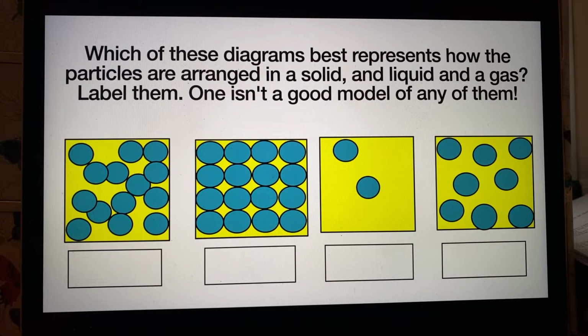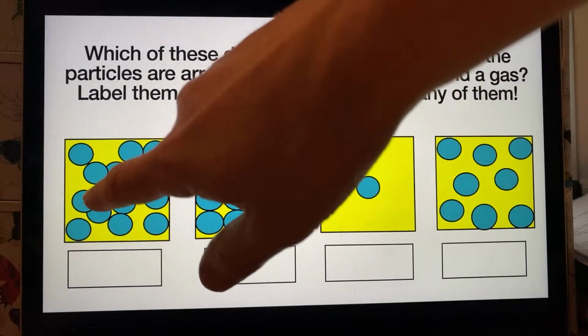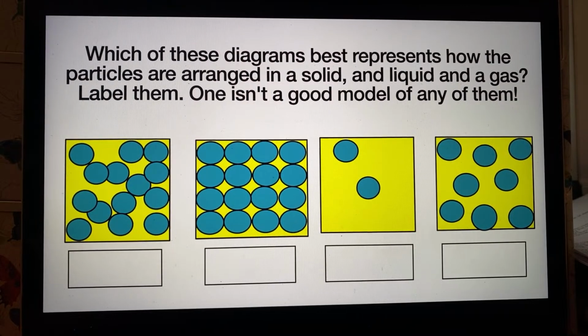We won't spend long on it because if you know, you know, and if you don't know, you would probably want me to just tell you. So you could label them if you like, if you've got the free optional worksheet from my website, or you can just think about it. One of them isn't a good model for any of them. So one of these shows what the particles of a gas look like, the air around you. One of them is a reasonable model for what the particles in my coffee are like, and one of them is a good model for what a solid is like.